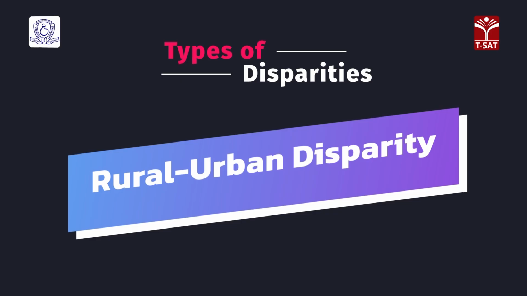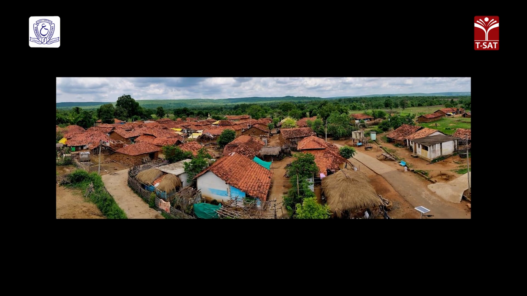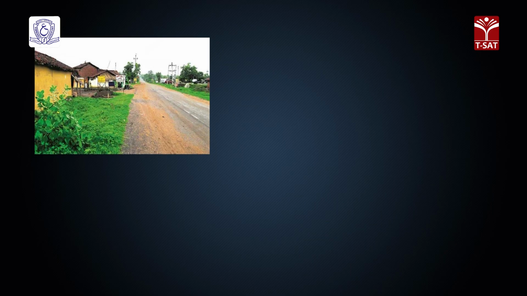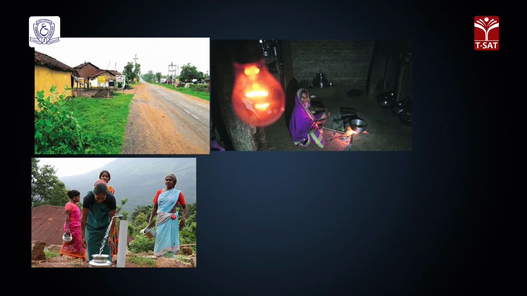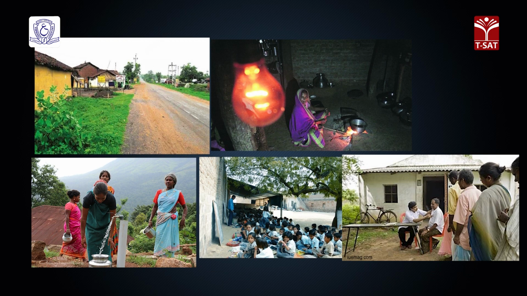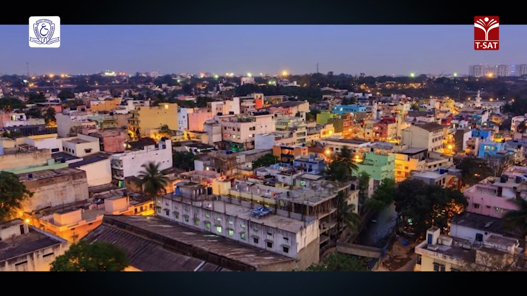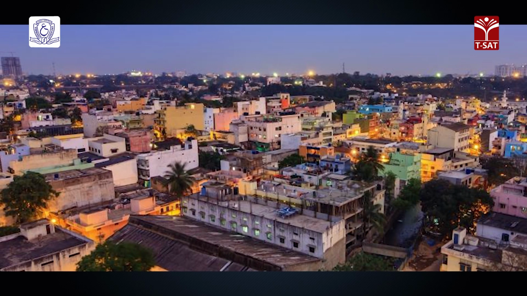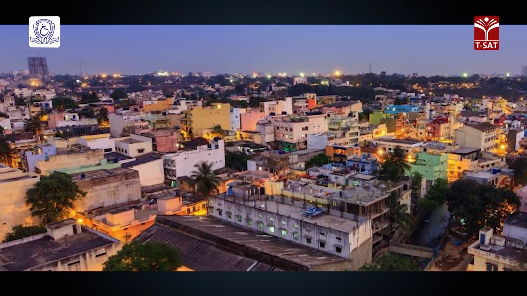Rural-urban disparity. The rural-urban disparity has been prevalent in India for ages. Rural areas are considered backward in terms of availability of basic infrastructure like roads, electricity, water and sanitation facilities, schools and hospitals, etc. In contrast, these facilities are mostly available in urban areas.